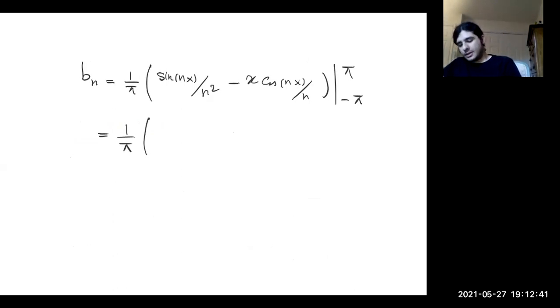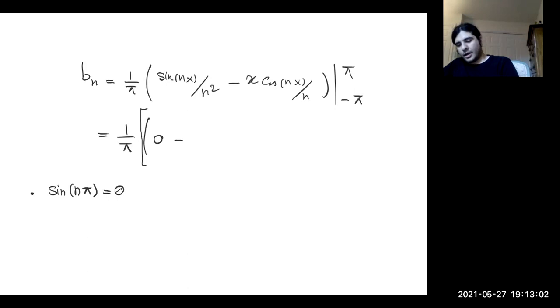So what is sine of n pi? Well, sine of 0 is 0, sine of pi, 2 pi, 3 pi, all of them are equal to 0. So this part would be 0.